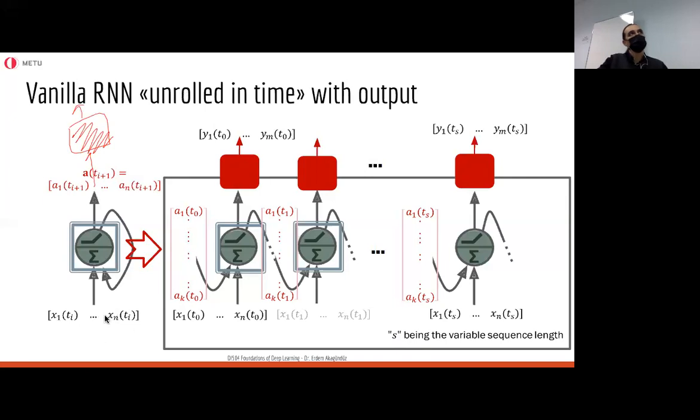I feed the next X, I get the next output. So I'm feeding a sequence of vectors and getting a sequence of vectors. This is a sequence to sequence problem, like machine translation from English to German. Actually, this English to German machine translation architecture is not very different from this, though it is different in some ways.